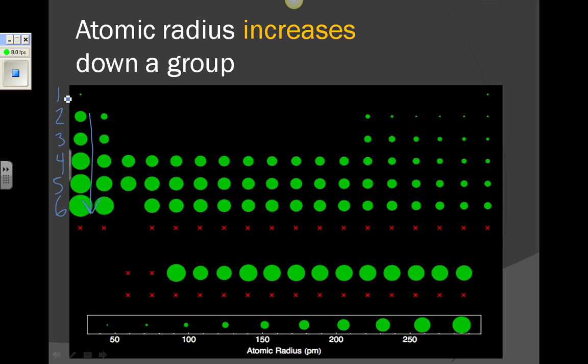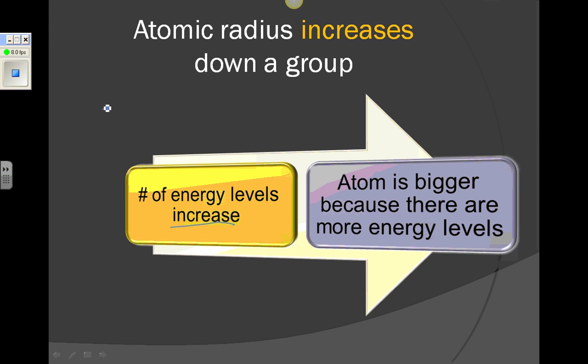These atoms here only have 1 energy level or 1 shell. Here we have 2 shells, 3 shells, 4 shells, 5 shells, 6 shells. So normally, an atom with 1 shell is going to be smaller than an atom with 2 shells, which is going to be smaller than an atom with 3 shells, and so forth.